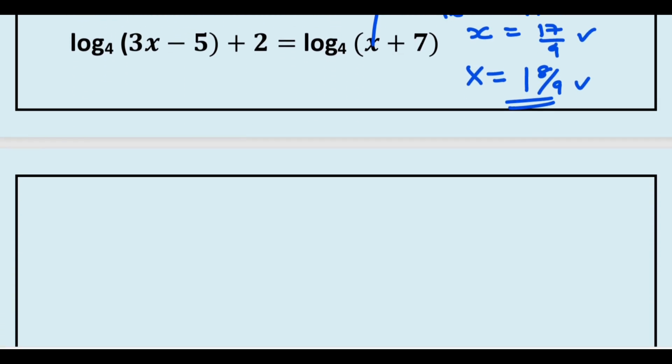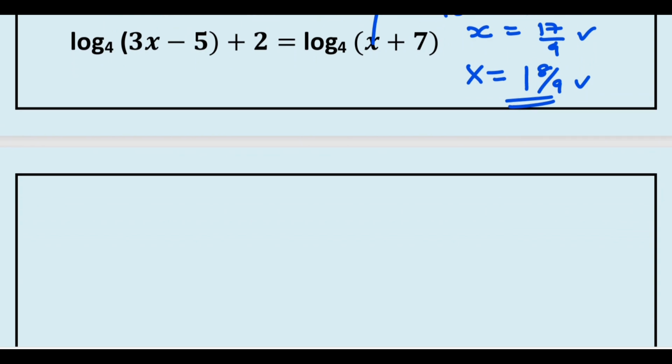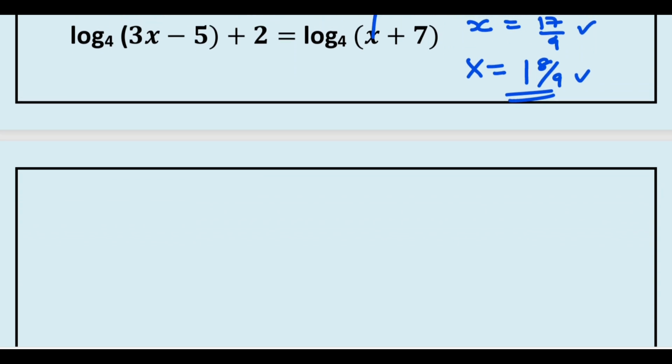The next question is log to base 4 of 3x minus 5 plus 2 is equal to log to base 4 of x plus 7. Again, you are meeting this situation. The first step is to convert this into logarithm. We said that you look at the base. Log to base 4 of a given unknown x, we can equate this to 2.